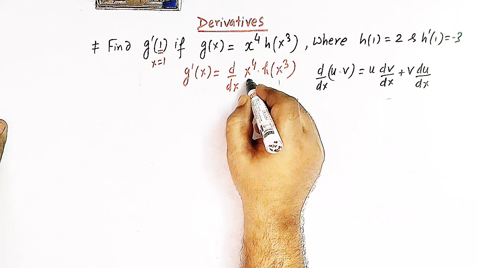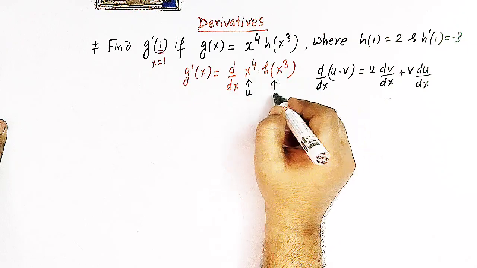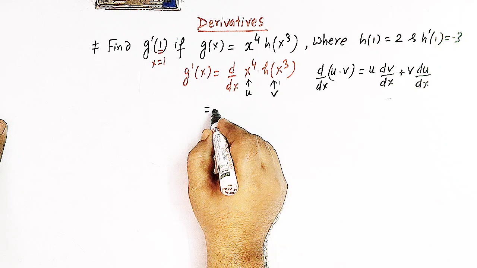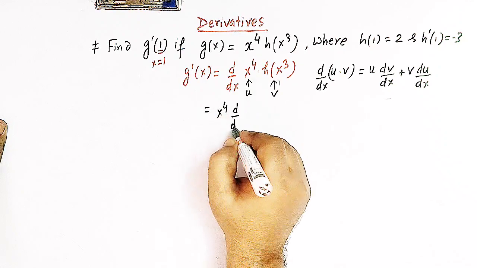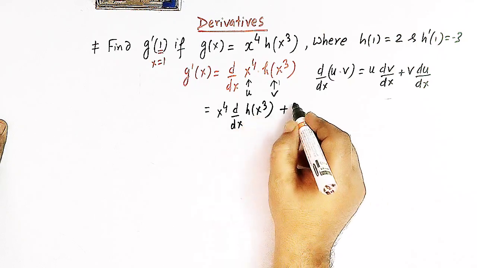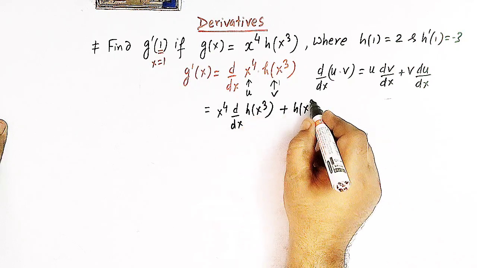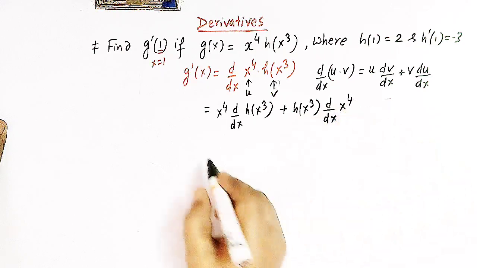We can take x raised to 4 as u and h of x cube as v. So first we write x raised to 4, then the derivative of h of x cube, and then h of x cube and the derivative of x raised to 4.